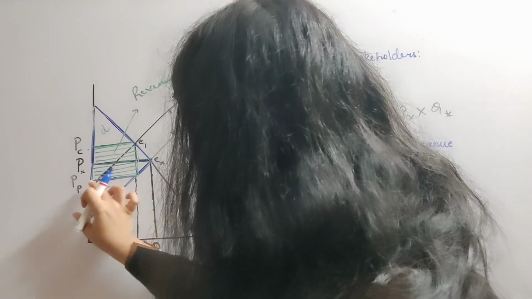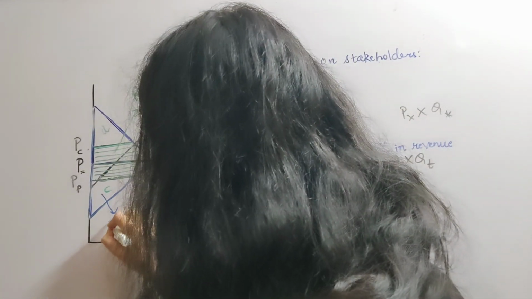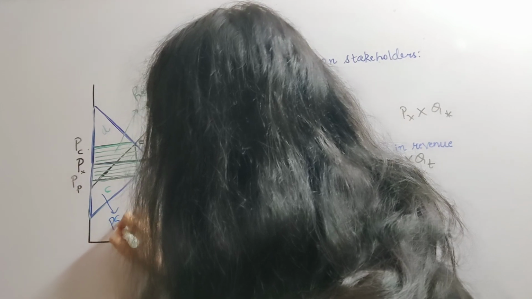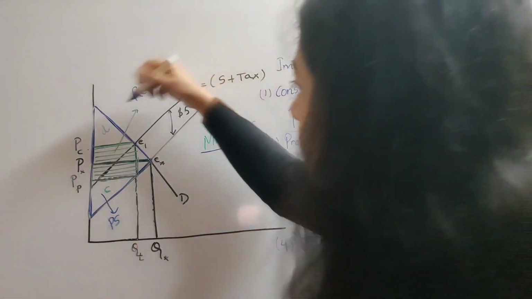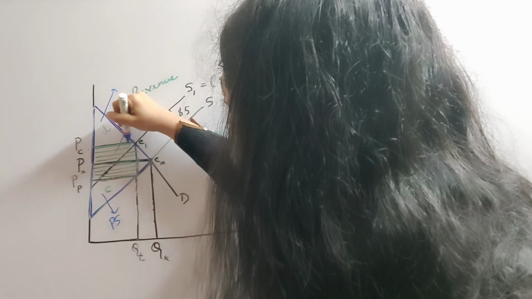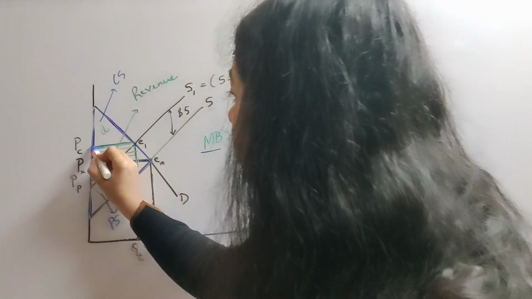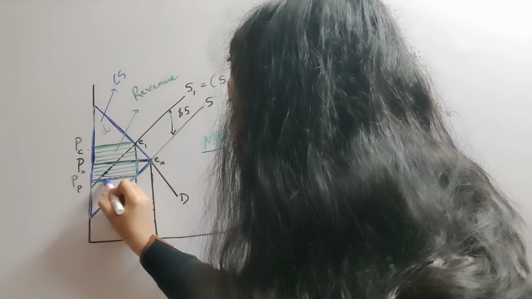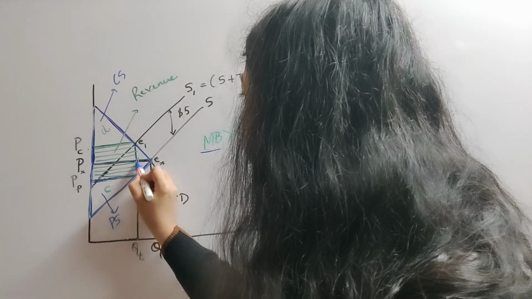This triangle represents producer surplus after the tax, and this triangle here represents consumer surplus, and this part goes to the government in the form of revenue.